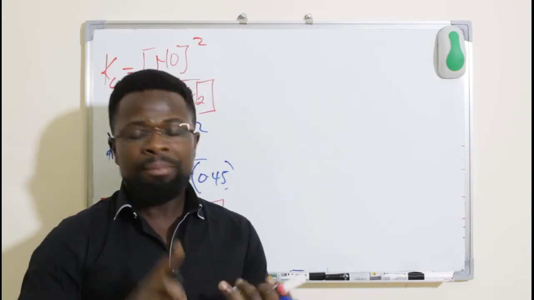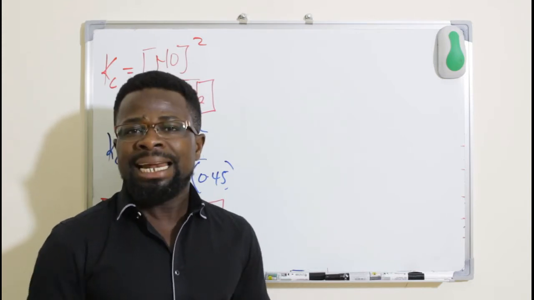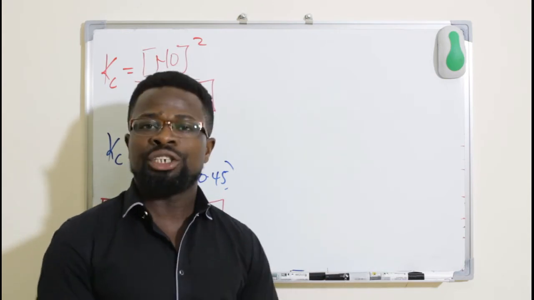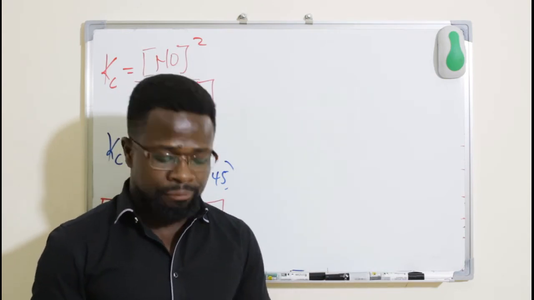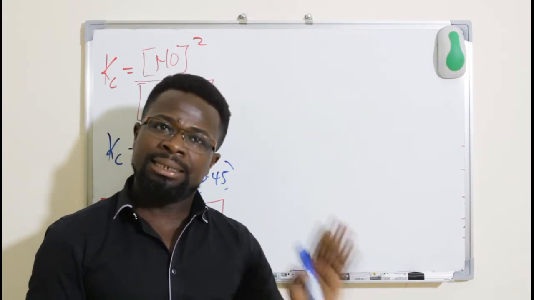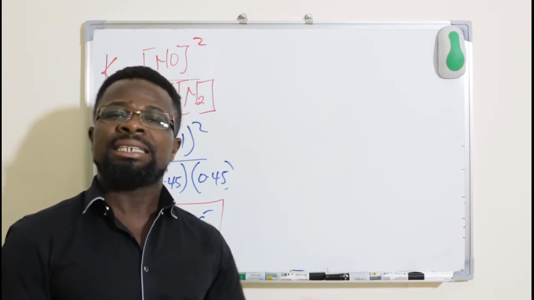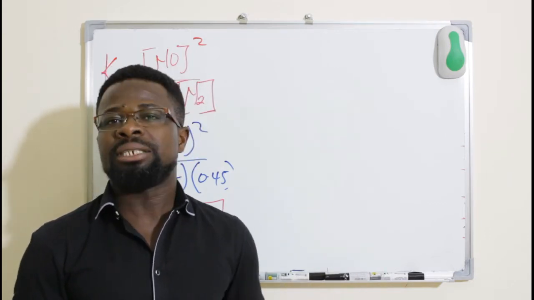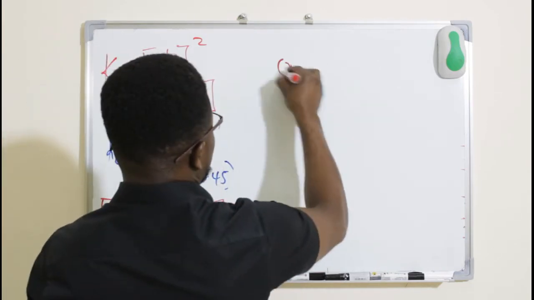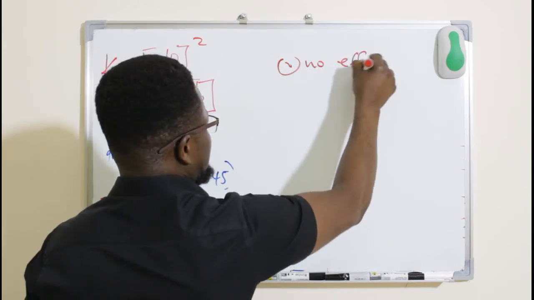Which means pressure cannot affect the Kc value, catalyst cannot affect the Kc value, and concentration also does not affect the Kc value. So the only thing that affects the Kc value is the temperature, because we said the Kc value is a constant at a particular temperature. Therefore, our answer is no effect.